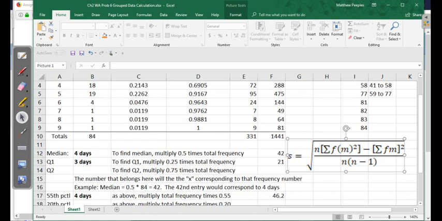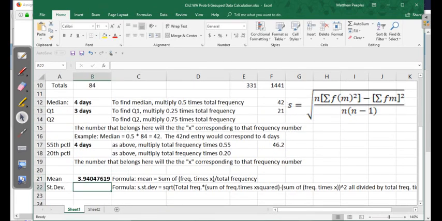So here, I'm going to type in the formula so that you see it. It's going to be equal to, if I follow this formula, the square root, and be careful with the way that you put in these formulas.